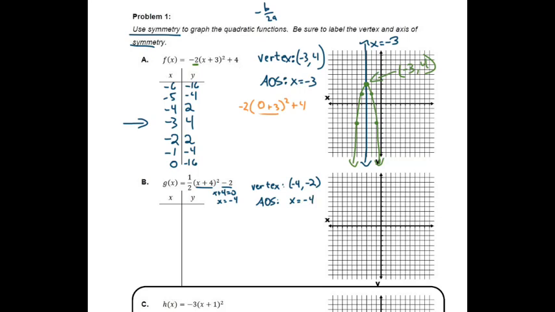So almost in the same spot. And we know our vertex is at negative 4, negative 2, right there. That's your vertex. Alright? And then it says graph using symmetry.